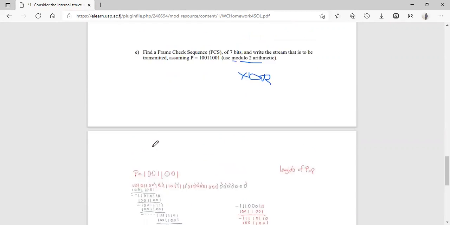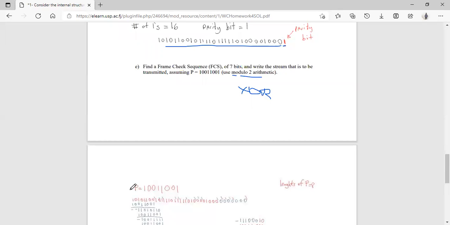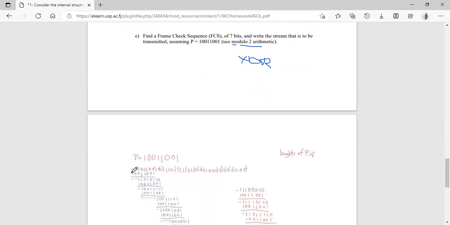So we start with the first digit, the first one that needs to be transmitted in this stream of data. We write 1, and straight under it we write our polynomial, 1001 1001, and then we perform the XOR operation.